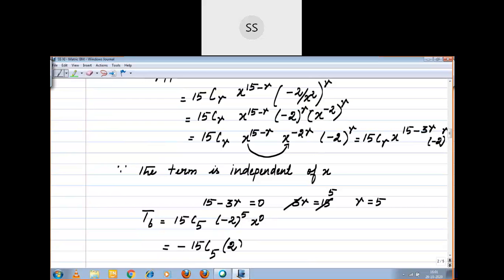So negative 2 to the power 5 is the term independent of x.